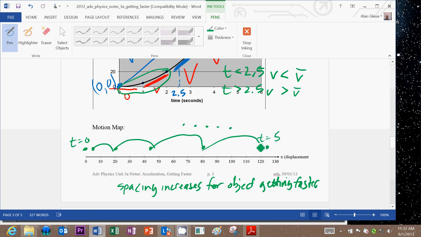That's kind of what it means to get faster. Your speed's going up at a constant rate, but your displacement is changing as 1/2 a t squared. It's based on the square of that time. So my spacing's increasing. Well, that ends page 3.